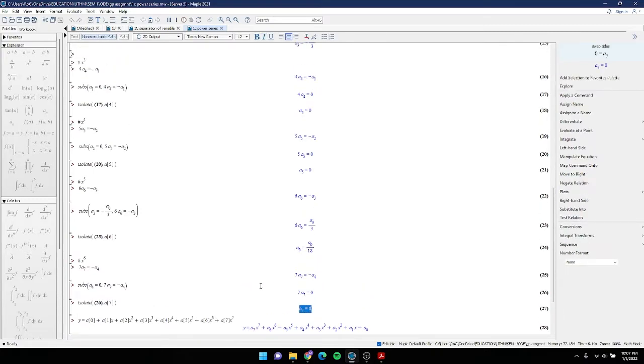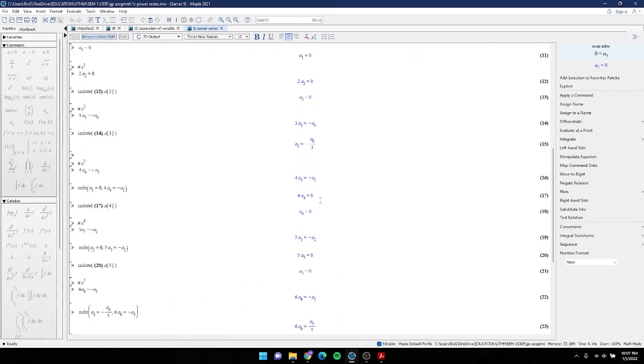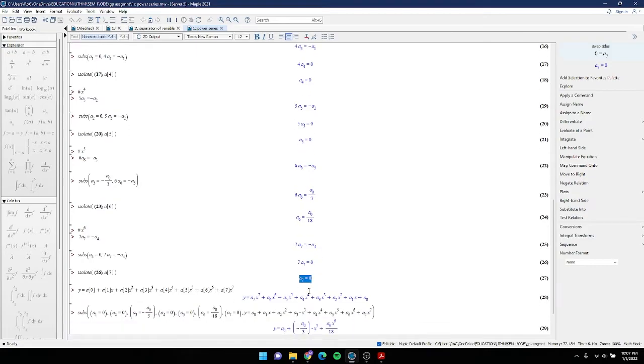And then we substitute the values of a1 until a7 into y.